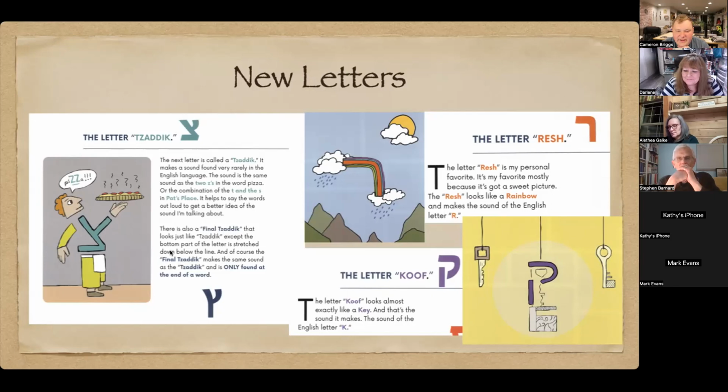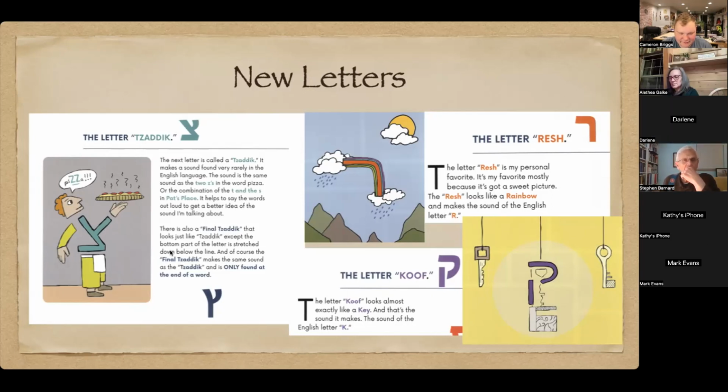But yeah, taking a look from the blue book, they have Tzadi with, this is kind of a stretch, a guy holding up a pizza because it makes that sound a little bit. It's like 2 Z's in the word pizza, but it is a combination of T and S, and we don't really use that a lot in English.